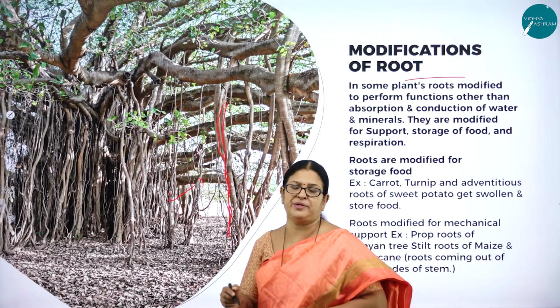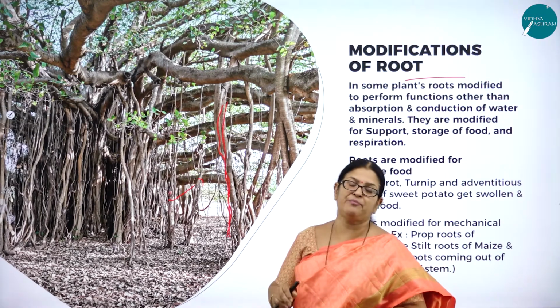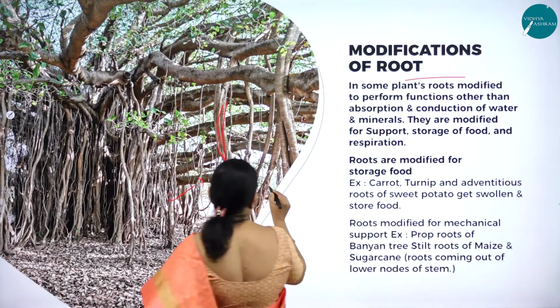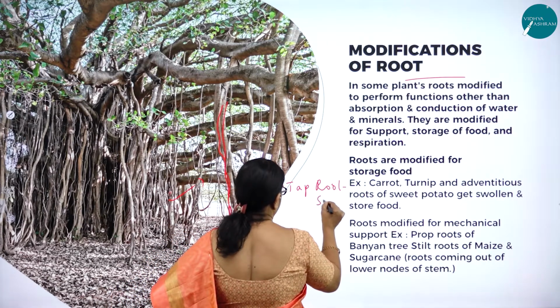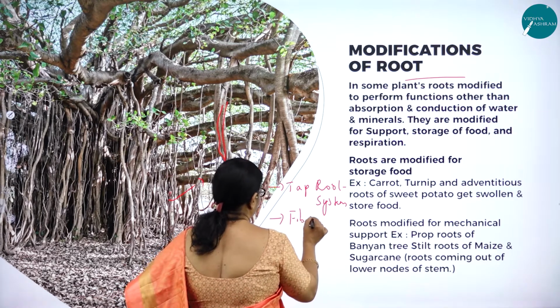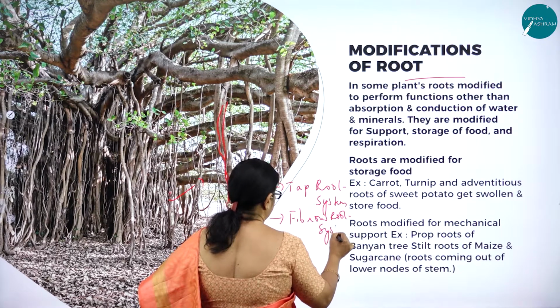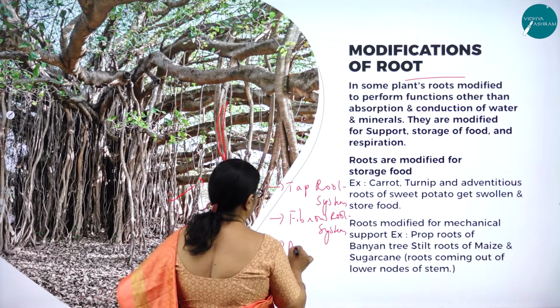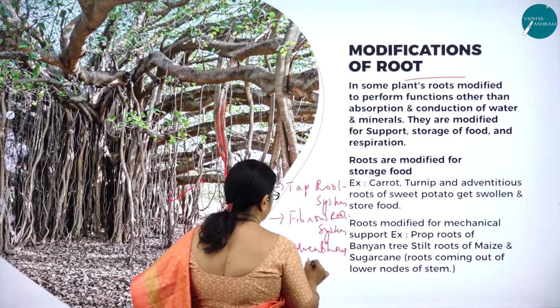I hope you will remember in my last class, we discussed about 3 very important types of root system. One is called the taproot system. Second one is called the fibrous root system, and the third one is called adventitious root system.